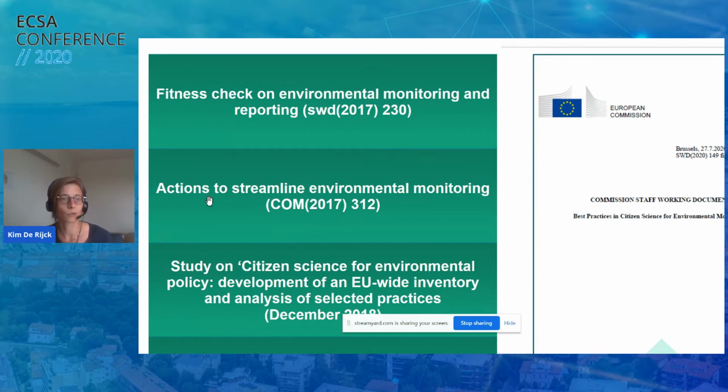This also led to an action plan, which specifically mentions that the Commission should promote the use of citizen science as a promising source of knowledge and information for environmental policy.